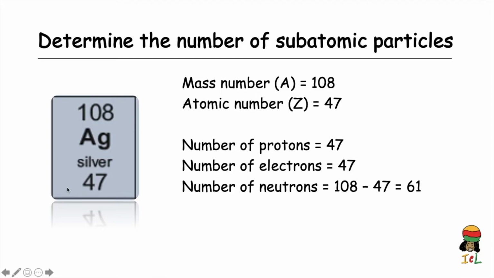So we know the atomic number is 47, so the number of protons would be 47 and the number of electrons would be 47. To determine the number of neutrons, it would be the mass number of 108 take away 47, the atomic number, which gives us 61 neutrons. So the atom silver has 47 protons, 47 electrons, and 61 neutrons.